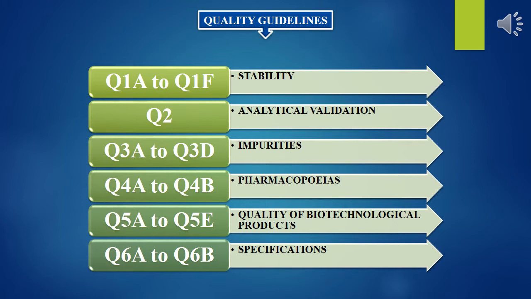From Q1A to Q1F for stability, then Q2 for analytical validation, then Q3A to D for impurities analysis, then Q4A to Q4B for pharmacopoeias, Q5A to Q5E for quality of biotechnological products, then Q6A to Q6B for specifications.